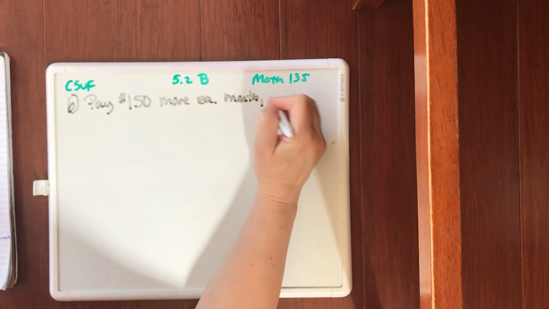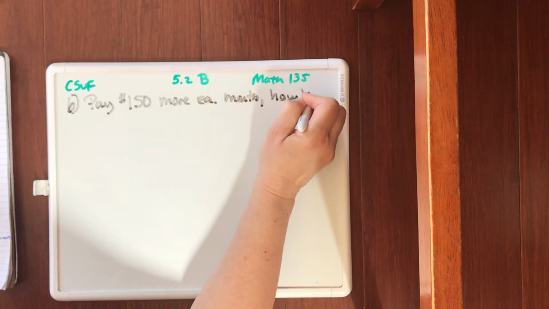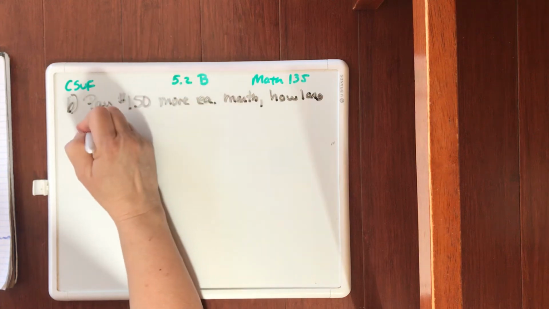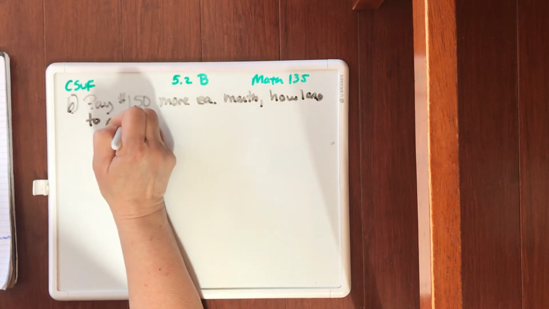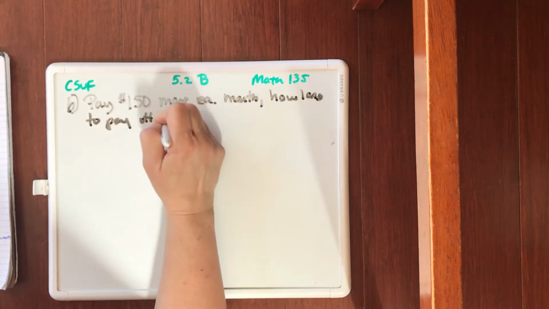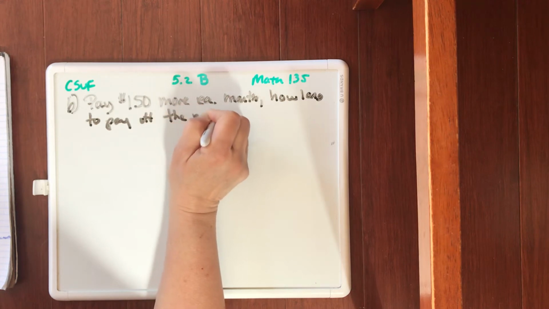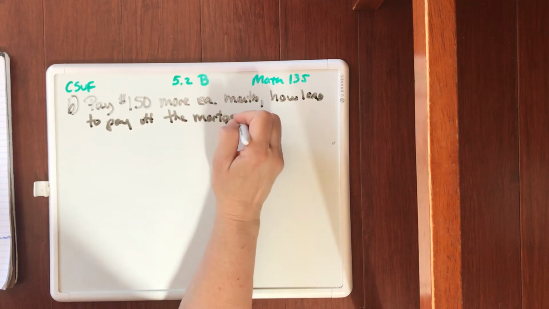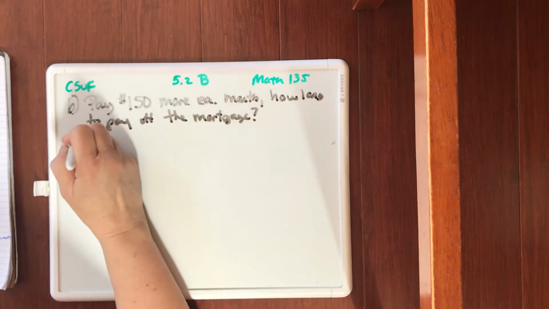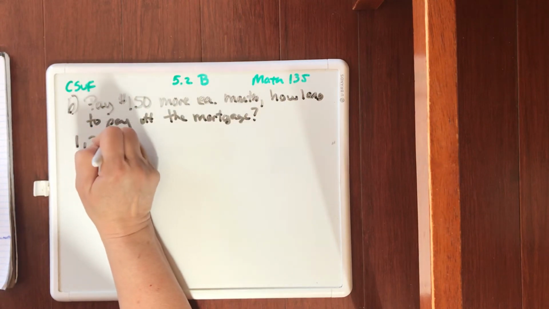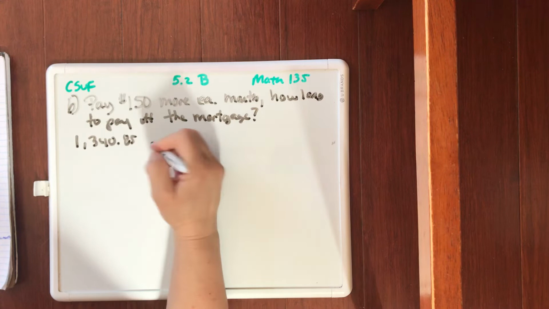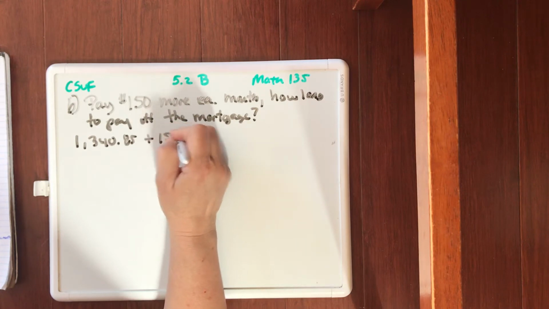The question is going to be how long to pay off the mortgage. So we have a payment of $1,340.85. We're now going to add $150 to that.